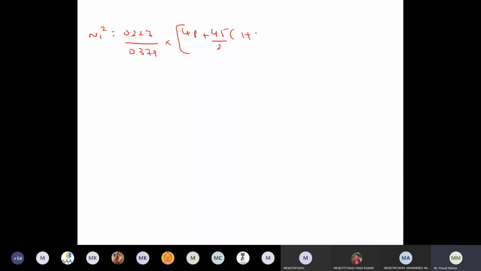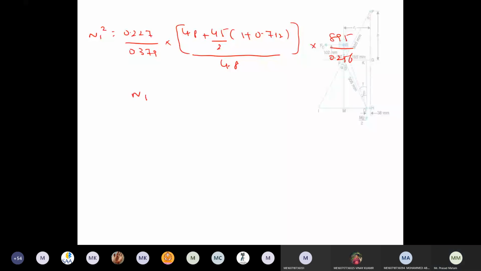Q we got 0.712, by 4.8 kg into 895 by height h. What is the h value you are getting? H we have already solved: 0.256 meters. So from this get the N1 value.